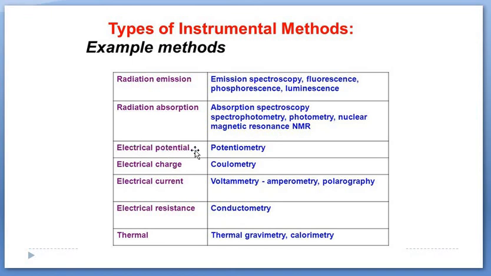Electrical potential is the method of potentiometry, electrical charge is coulometry, electrical current is voltammetry, amperometry, polarography, electrical resistance is conductometry, and thermal methods are thermogravimetry and calorimetry.